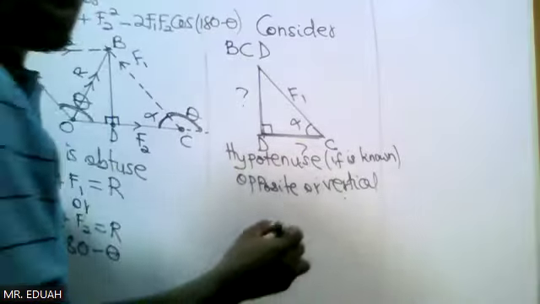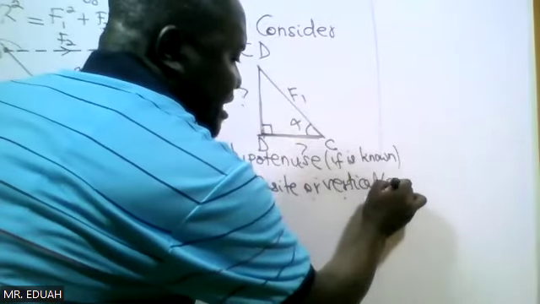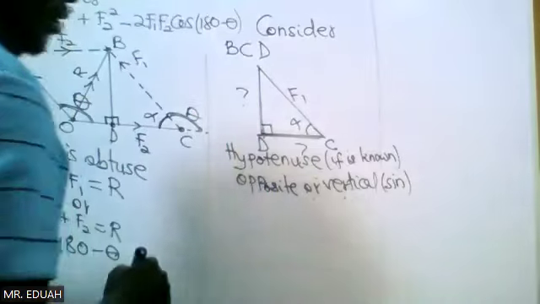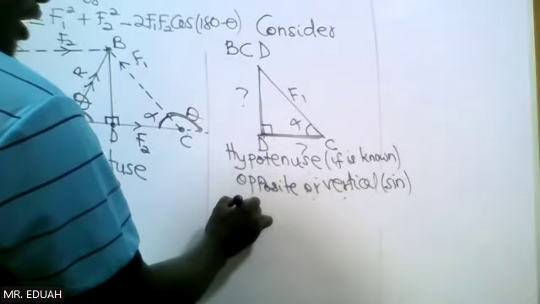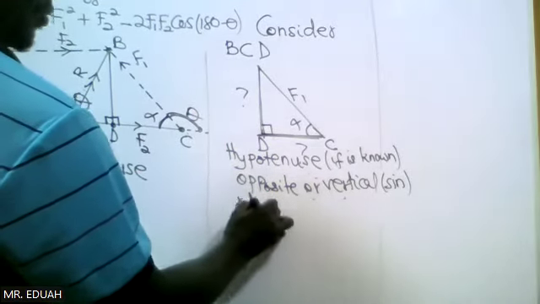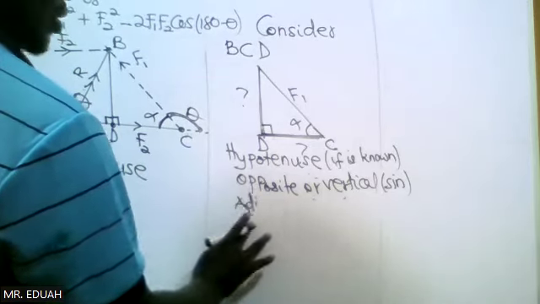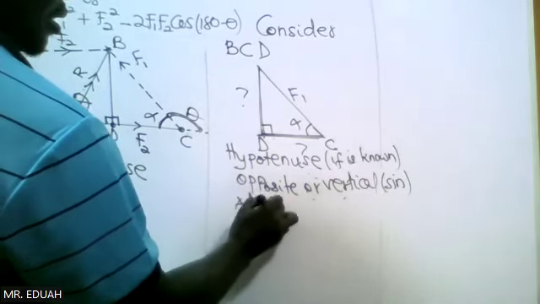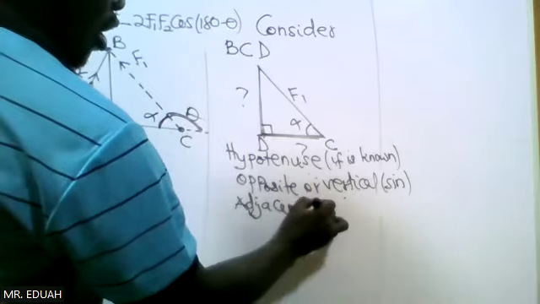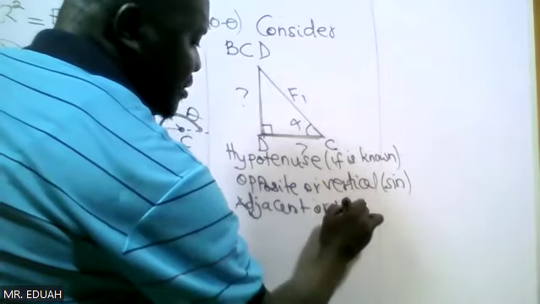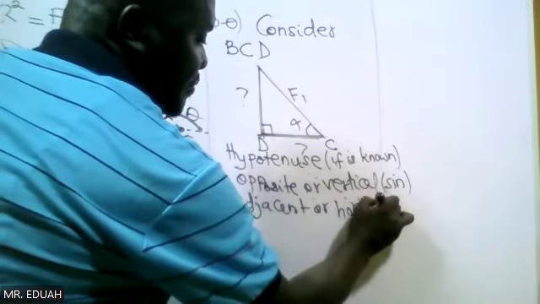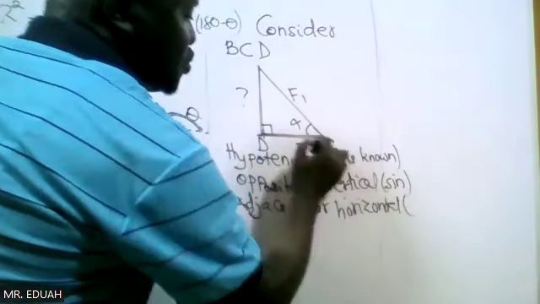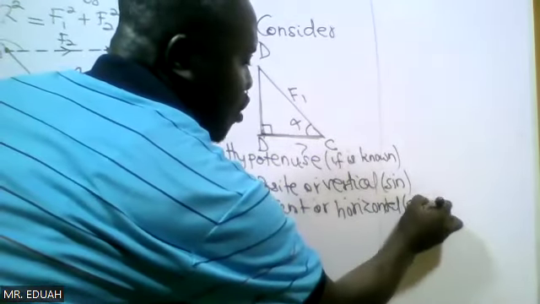The appropriate trig ratio to use is sine of the angle if you are looking for the opposite, or vertical. If you are looking for the adjacent to the angle, or horizontal, the appropriate trig ratio to use is cosine, cos.